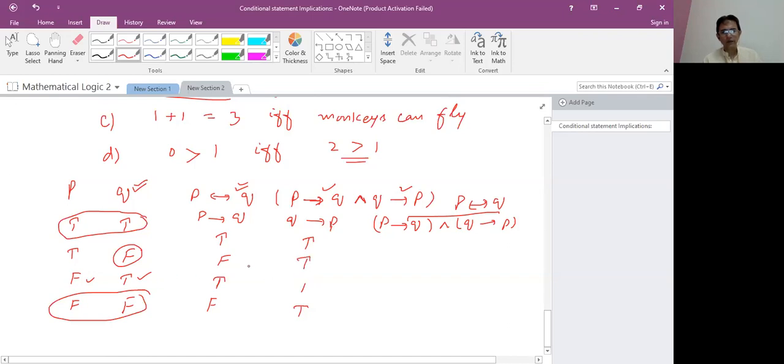And the first statement is true and then false, it is false. So when we join together, student, 1.1 it is 1, 0.1 it is 0, 1.0 it is 0, and 0.1 it is 0.